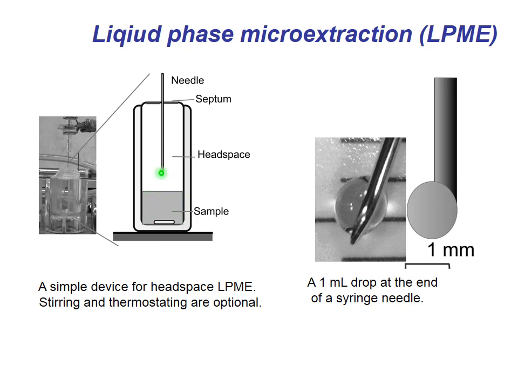So alcohol will go here and will be collected by microdrop. Then you retract this droplet back in the needle and inject it into analyzer.